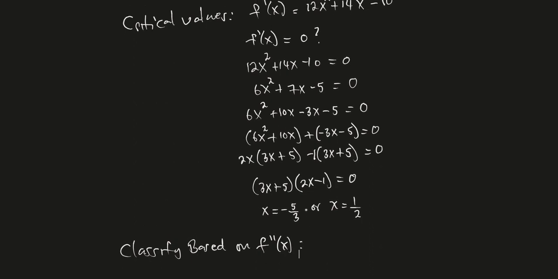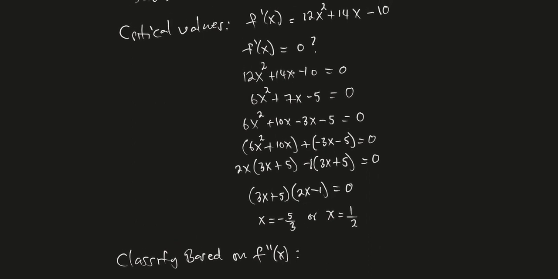Now, let me scroll back up just a little bit. Here is f prime. So let's differentiate this to get f double prime. So f double prime of x is 24x plus 14, right?